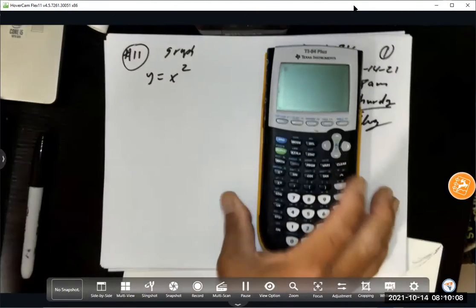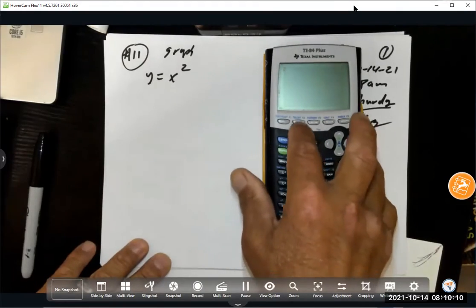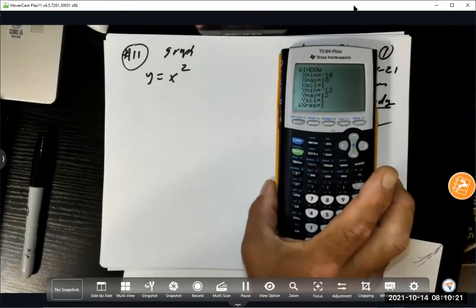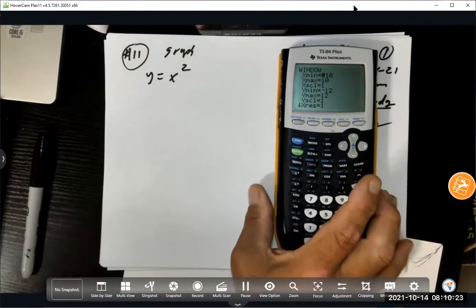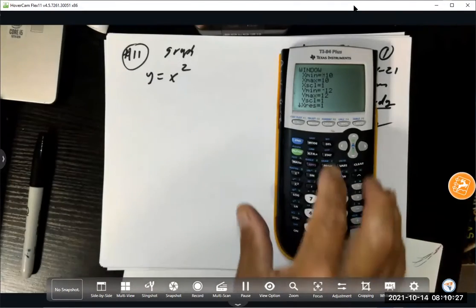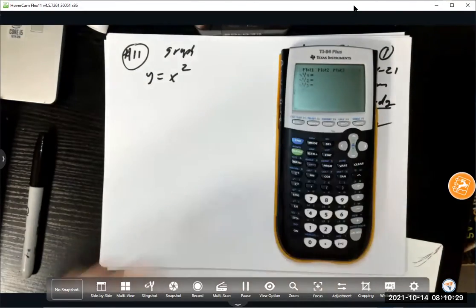On your calculator, Windows, you all have negative 10, 10, and 12, 12, yes or no? Y'all see my computer? All right, hit y equals now.